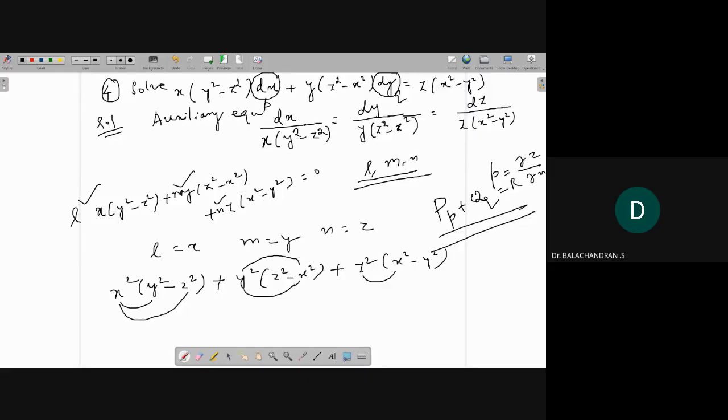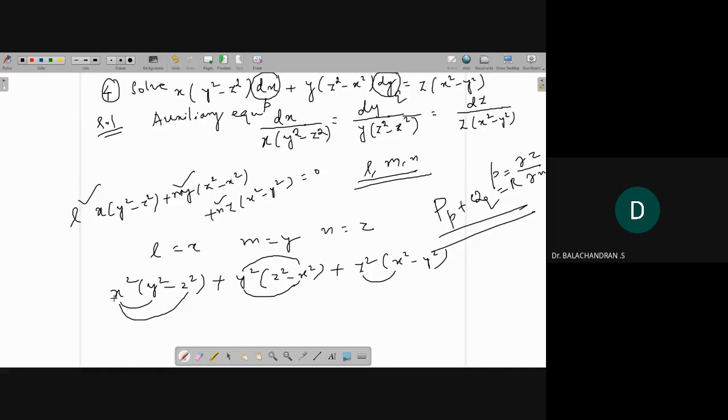Similarly here, minus x square y square, and then I need plus x square y square. Okay, already I chose this one. If you write this, you can easily check it.